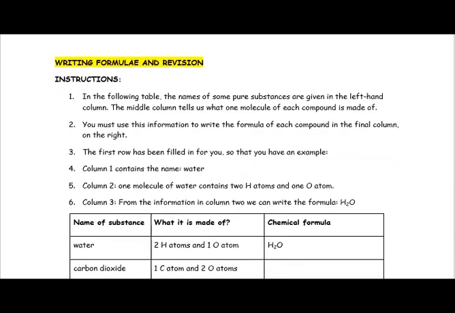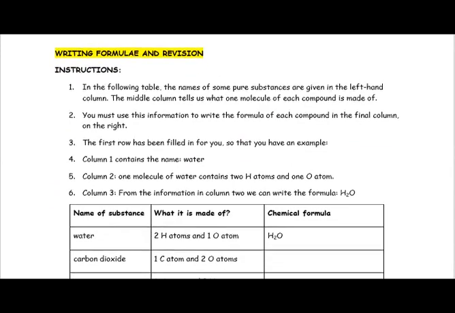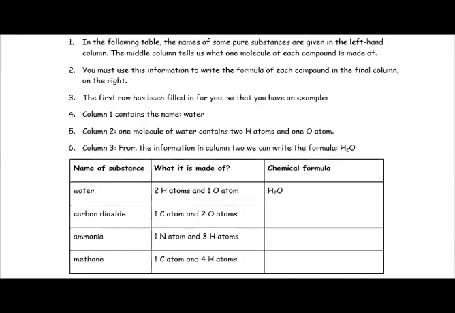Okay, so guys, for homework, what I want you to do for me is complete this table here. It says in the following table, the name of some pure substances are given on the left-hand side of the column. The middle column tells us what 1 molecule of each compound is made of. So let's try to complete this table together, right? So we have water. What is water made out of? We know it's made out of 2 hydrogen atoms and 1 oxygen atom. How do you write the chemical formula? It's written as H2O.